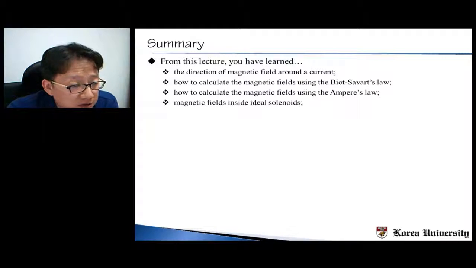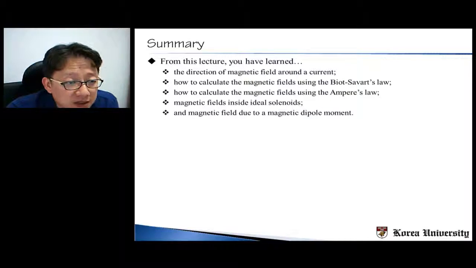We also learned the magnetic field inside an ideal solenoid. We always use the solenoid only to know the magnetic field inside. The magnetic field outside the solenoid is not very useful, so it's always inside. And finally, we learned the magnetic field due to a magnetic dipole moment.